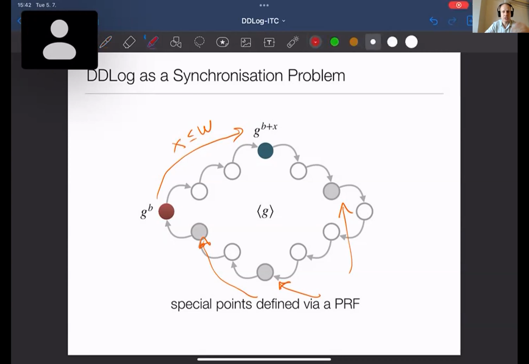They keep on multiplying their input by G until they hit the first distinguished point in the group, right? So in this particular example, Alice would just go right all the way here. Bob would also go here, and you can see that now they each took, well, B plus X.